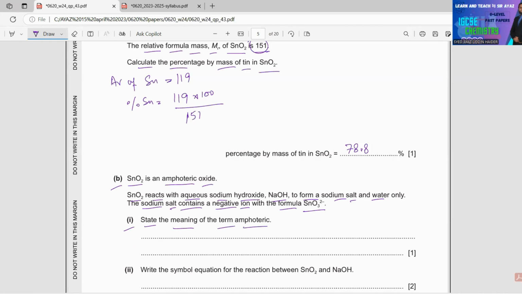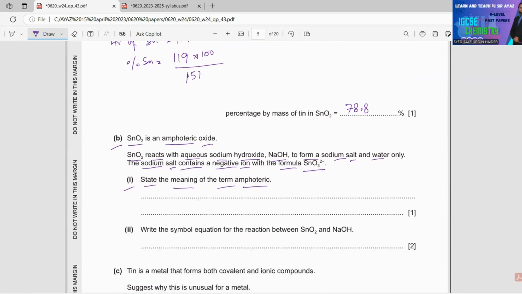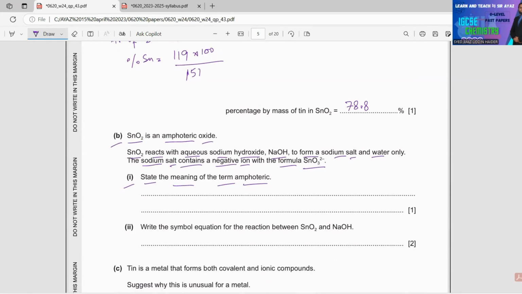So amphoteric oxide is the one which reacts with both acids and with bases to produce a salt and water.